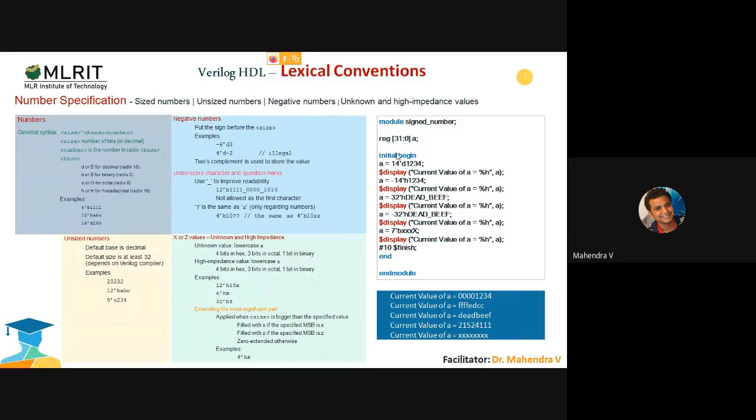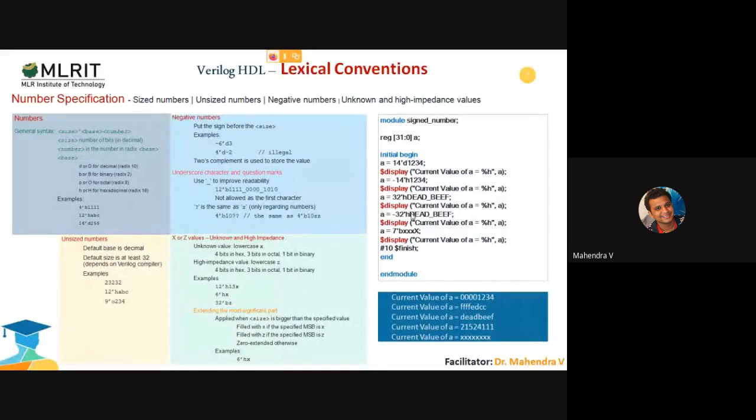The third will be displayed like this, and the fourth one is a equal to minus 32. Whenever we put the minus, the value Verilog HDL loads is the 2's complement of that. The same applies in the second case: we give 1, 2, 3, 4 as input, but Verilog HDL reads the 2's complement of that as the input.